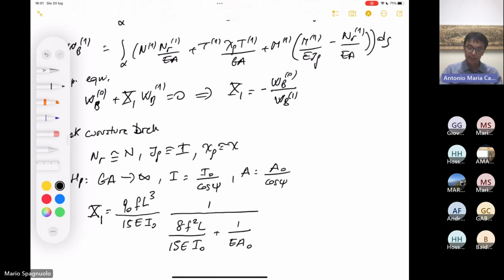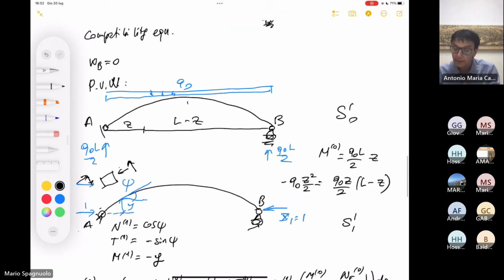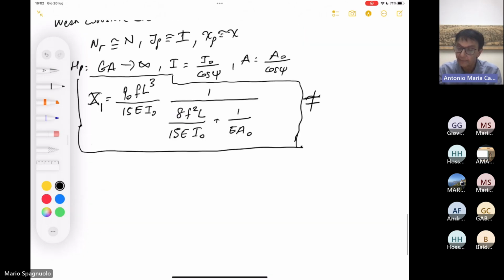So what we observe from here is that, as we mentioned before, if EA0 is not infinitely large, this x1 will be different from the value that we obtain for the funicular curve, which was written here: Q0 L squared over 8F.